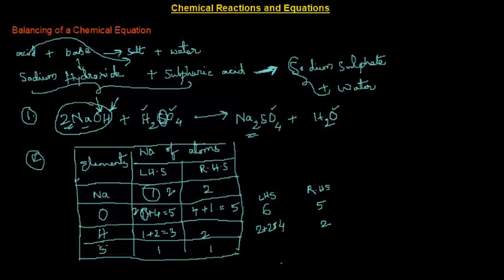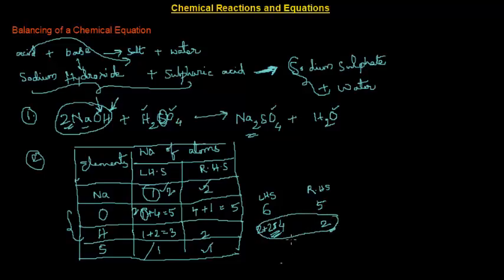The remaining all are same. So, if you compare, sulfur is balanced, sodium is balanced. Now, hydrogen and oxygen are not balanced. Now, if you see, this is 6 and this is 5, and here you have 4 and 2. To balance this is very easy.